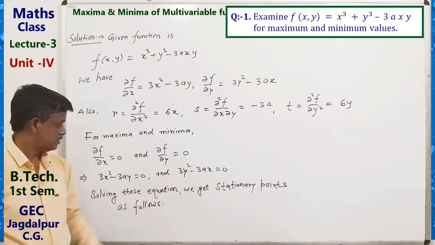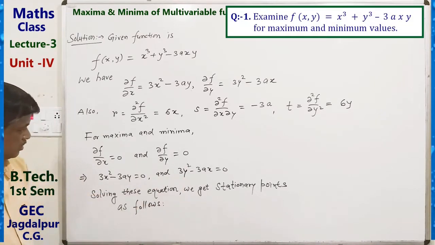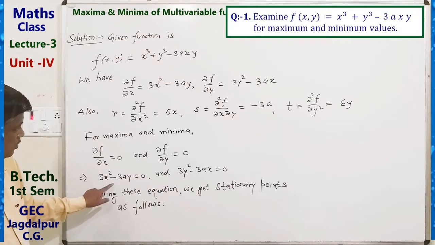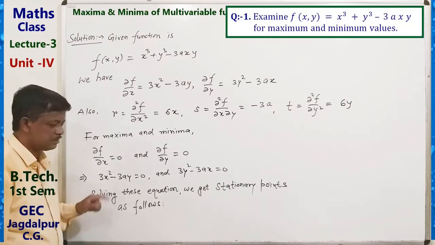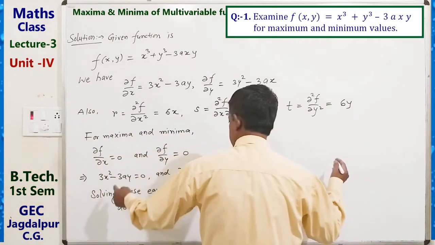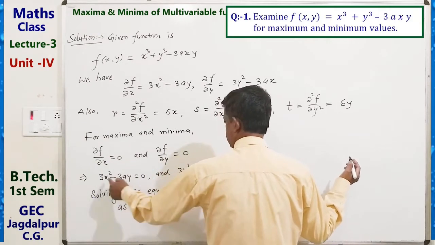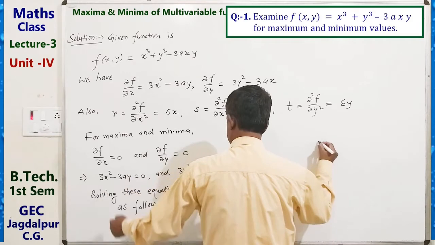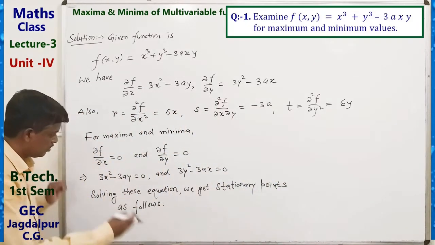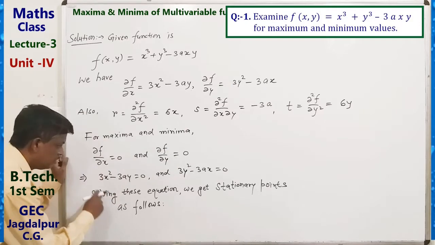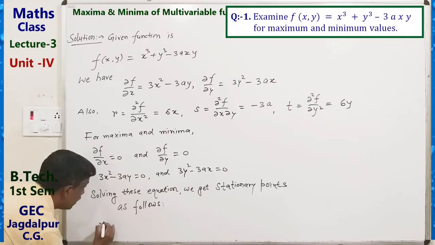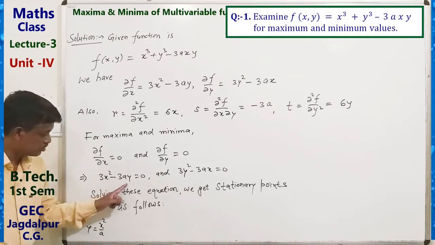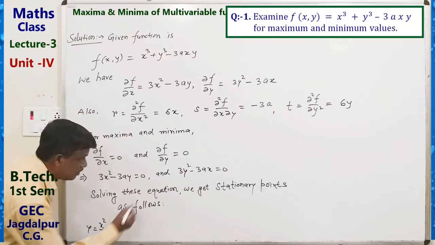Just solve this and this. You can do it also in rough work. Here 3 is not 0, so x square equals ay, so y equals x square by a. And from here, y square equals ax.